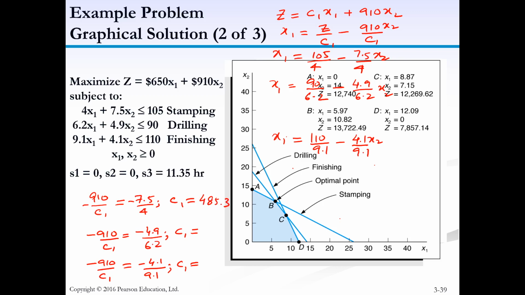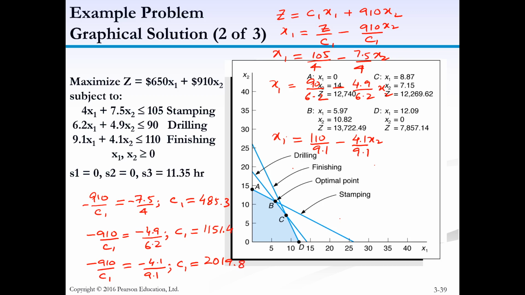The second one we get is 910 multiplied by 6.2 divided by 4.9, 1151.4. Okay, we don't go to the second decimal. And then the third one is 910 multiplied by 9.1 divided by 4.1. What we get is 2019.8.